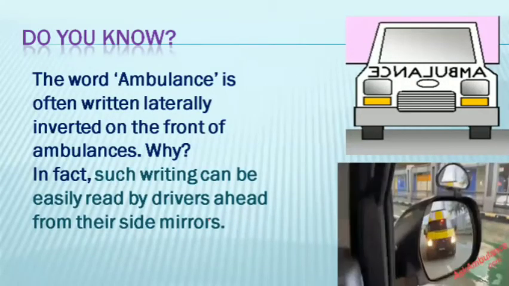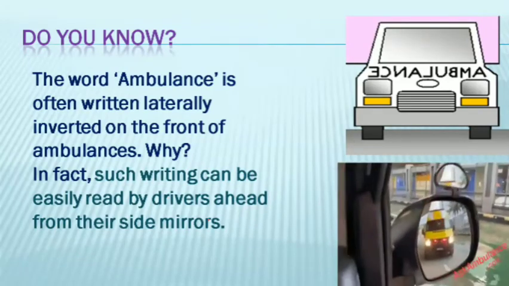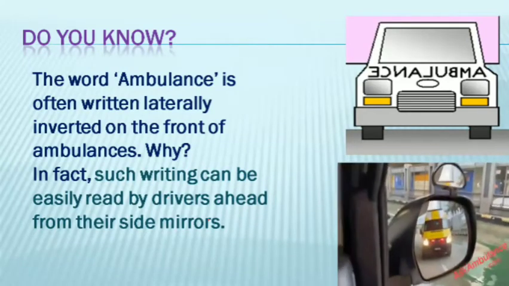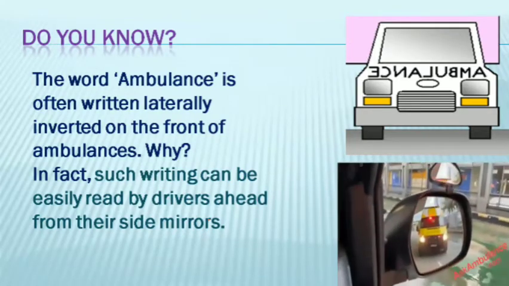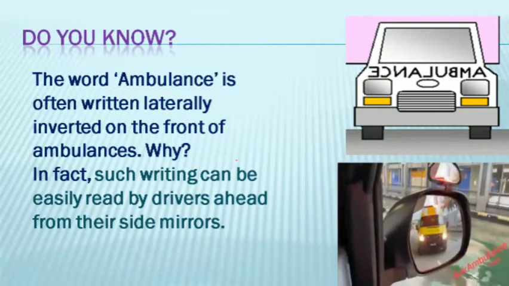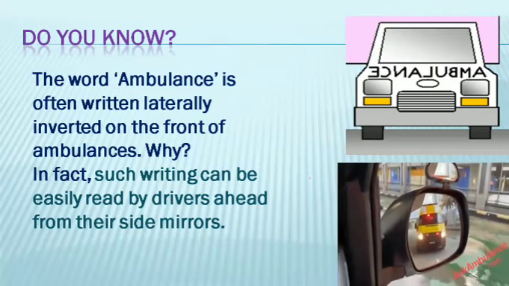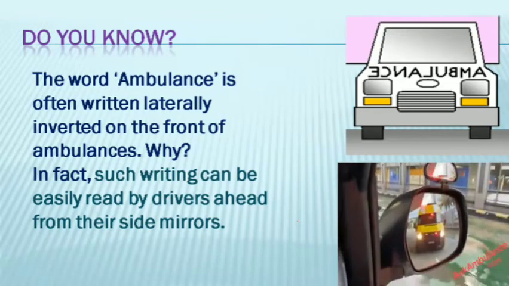Now, do you know the word ambulance? Have you seen the word ambulance written literally inverted in front of the ambulance? Why is it so? Because this writing will appear straight when we see it in the side mirrors of our car, so we can see the image properly that ambulance is written.